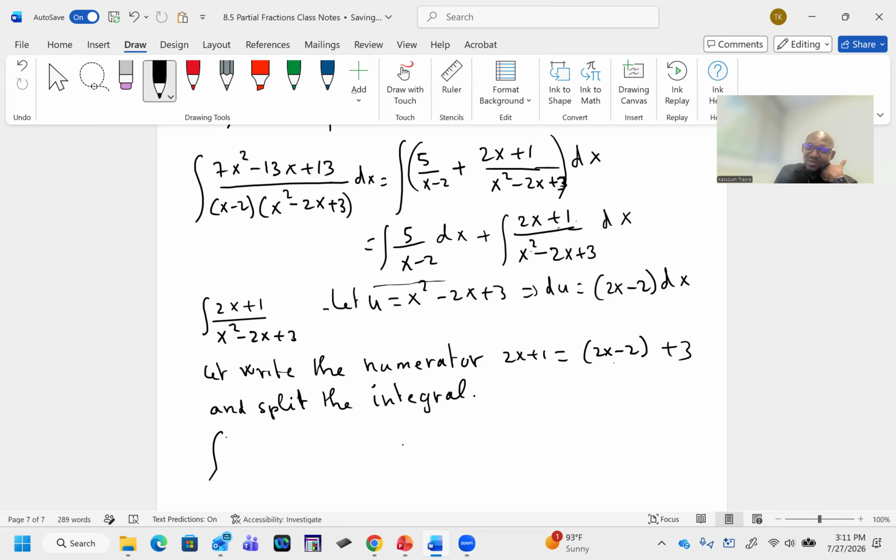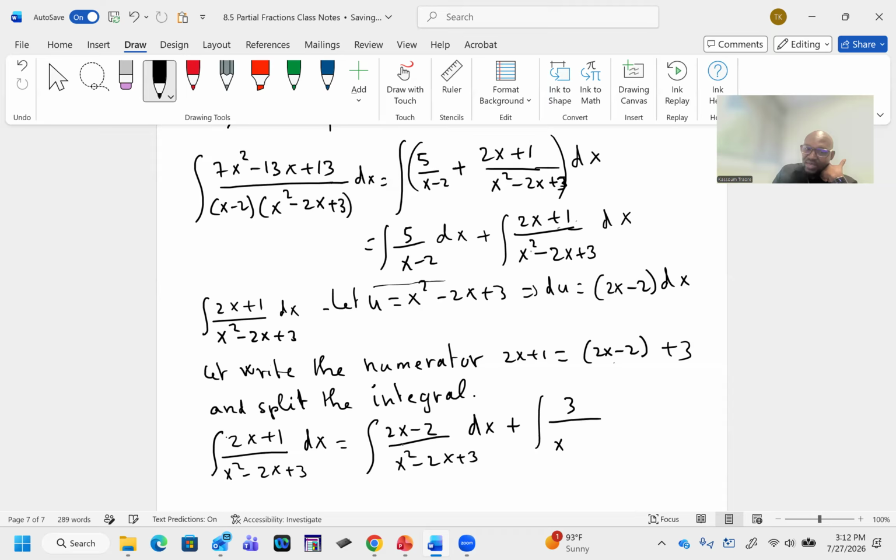So I will rewrite my integral of 2x plus 1 divided by x squared minus 2x plus 3 dx as the integral of 2x minus 2 divided by x squared minus 2x plus 3 dx plus the integral of 3 divided by x squared minus 2x plus 3 dx.